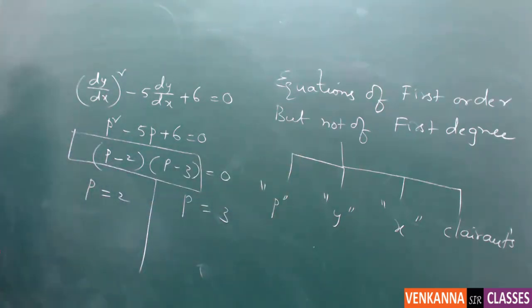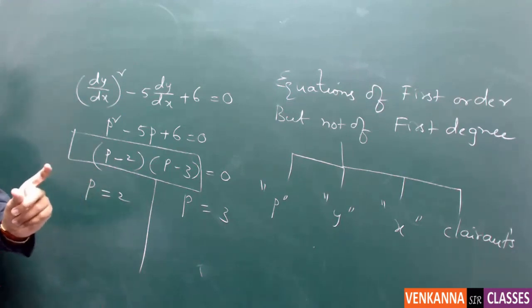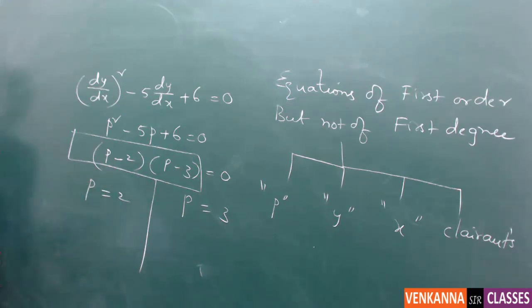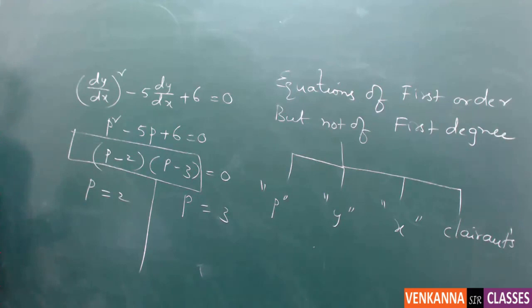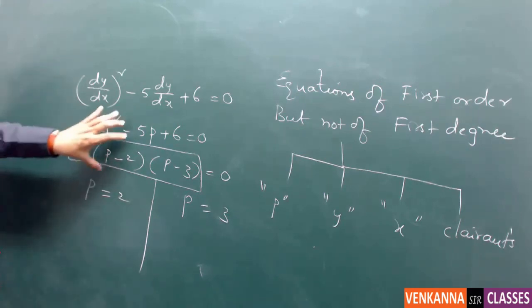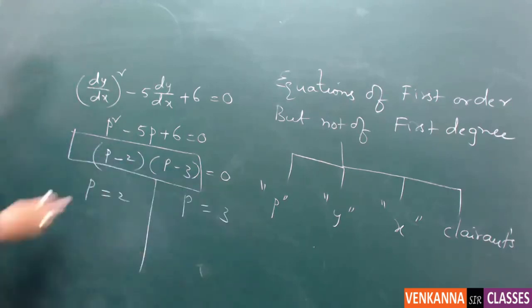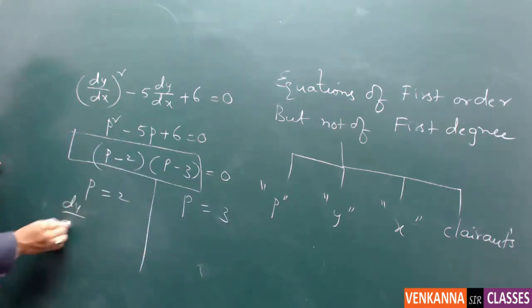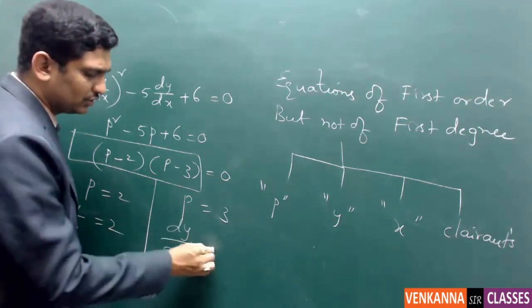Usually whenever the given equation is there, by simply rearranging the terms or splitting the terms, you can check that taking the common values is possible, and it is possible to write it as a product of factors. Whenever this kind of equation is there, we call it solvable for p. Since p stands for dy by dx, dy by dx is equal to 2, dy by dx is equal to 3.